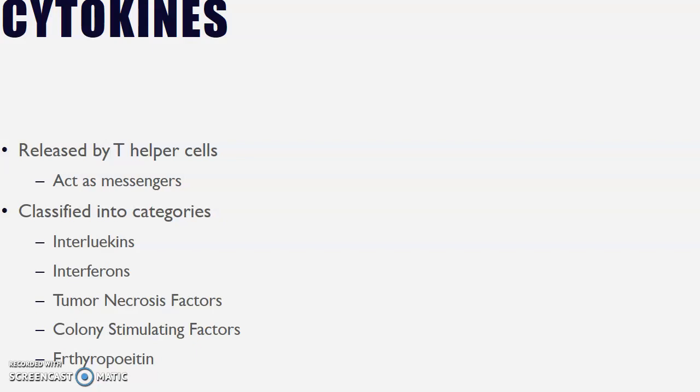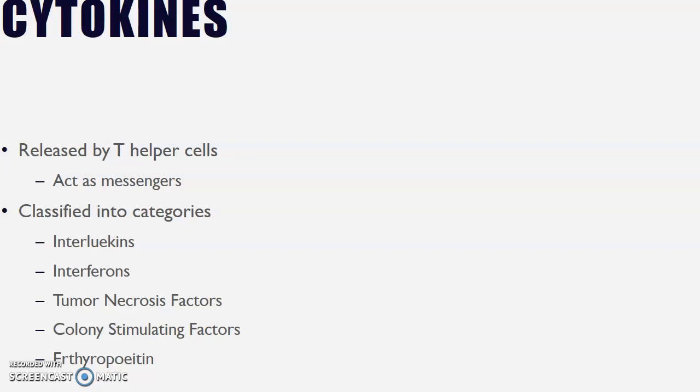The tumor necrosis factor is a pro-inflammatory mediator. It activates the macrophages and granulocytes. They promote an immune and inflammatory response. They kill the tumor cells. We have the colony stimulating factors.